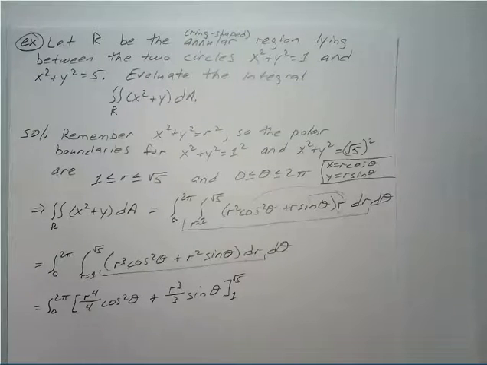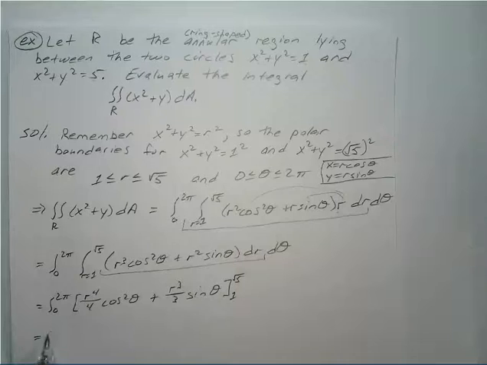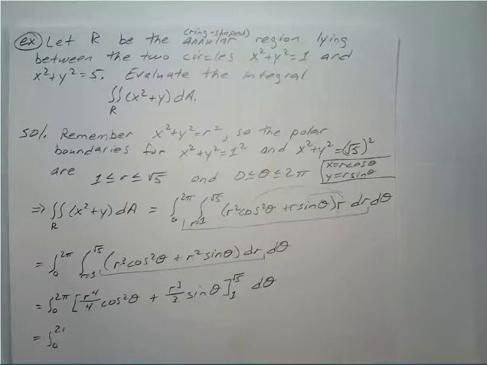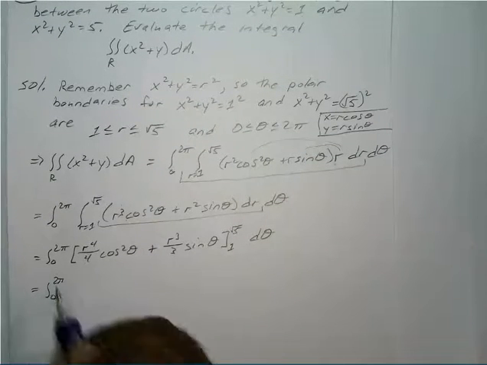Alright. Now we're going to plug in our square root of 5. Oh, forgot my d theta. Okay, so from 0 to 2 pi.